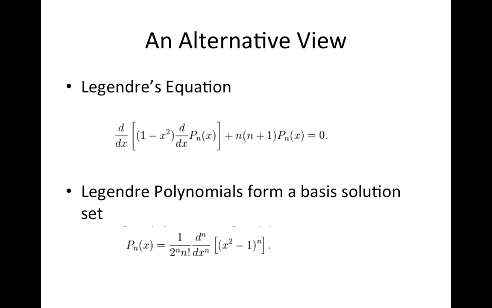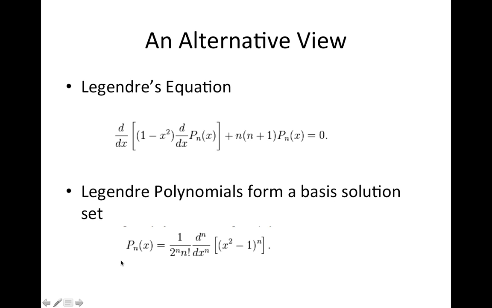Okay, so we can look at this in an alternate way. This set of slides comes from a Wikipedia source that actually comes from some physics materials that people collected. Basically, what you can show is that Legendre's equation can be written in this way, where these p sub n's are defined as what we call Legendre polynomials.